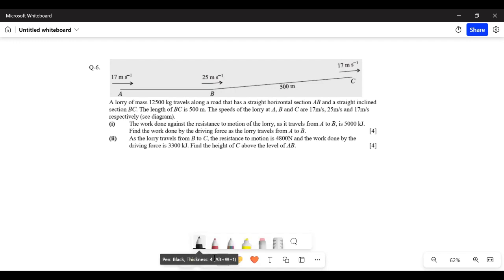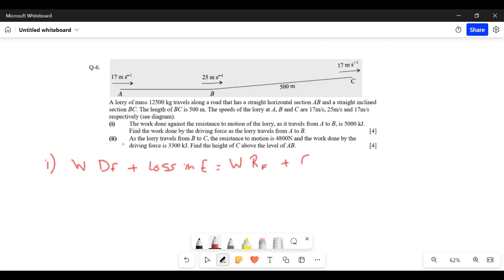Okay, so they've given us the work done by the resisting force, and we have to find the work done by the driving force. So it's the same formula of conservation of energy and work: work done by driving force plus loss in energy is equal to work done by resisting force plus gain in energy.